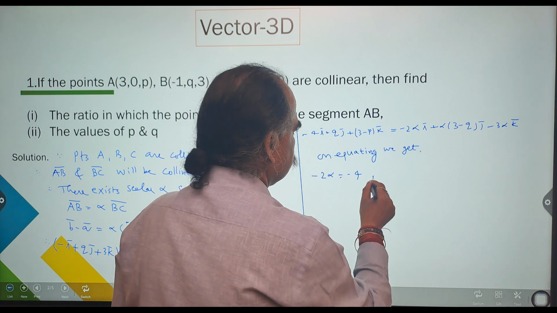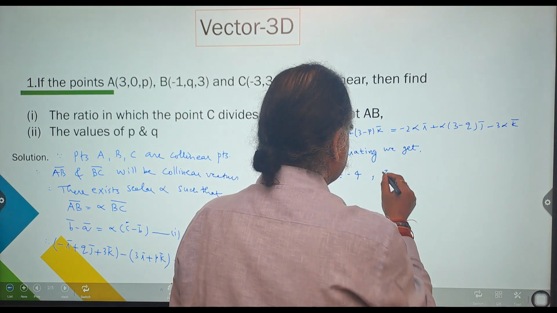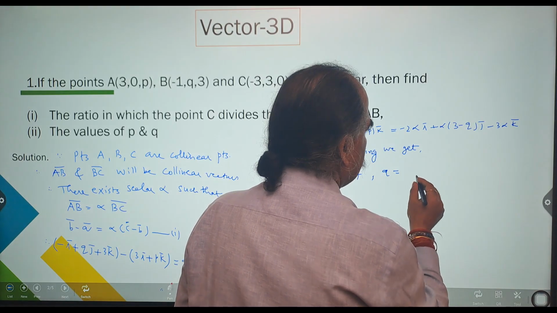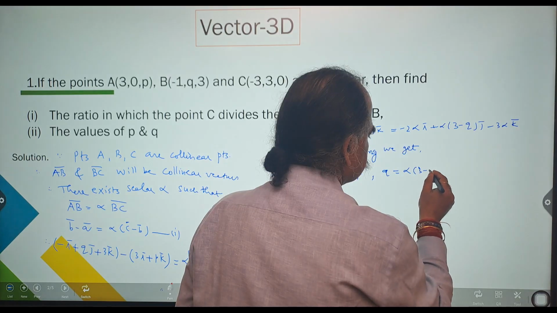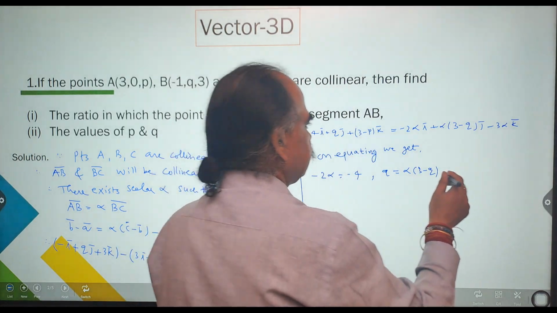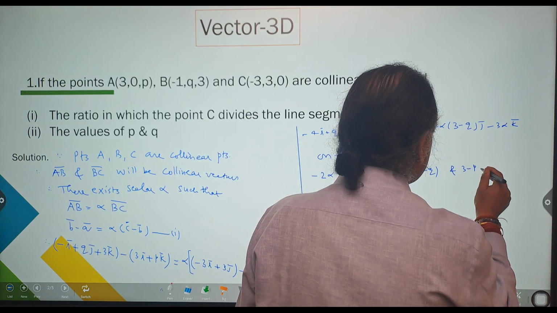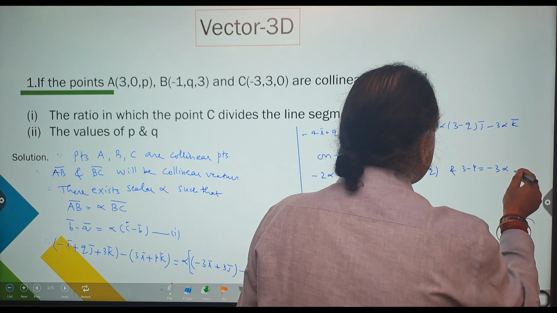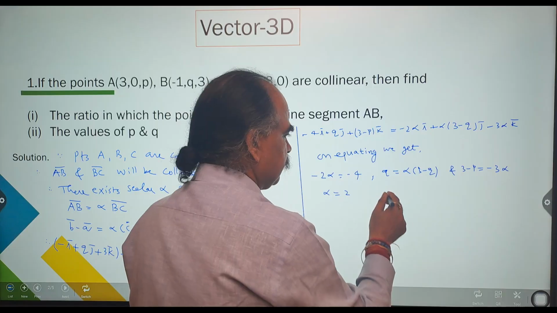Minus 4. Then q is what? Alpha into (3 minus q). And 3 minus p is what? Minus 3 alpha. So alpha is what? 2. Replace here.